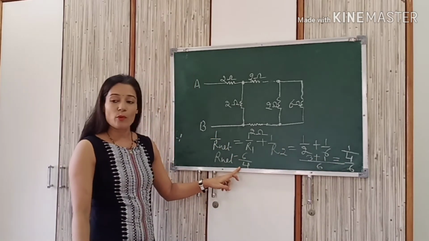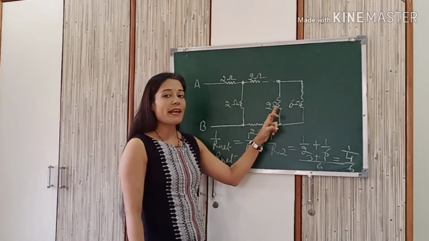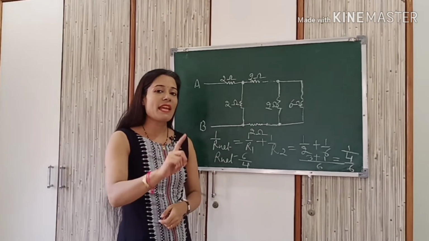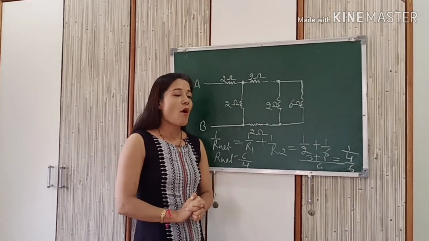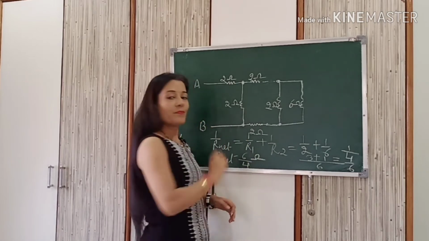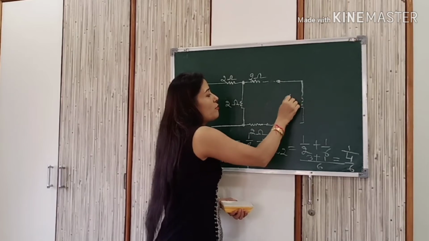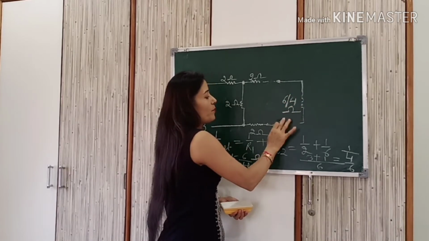So in place of these two resistances, 2 and 6 ohm resistances, we can place only one resistance of value 6 upon 4 ohm.